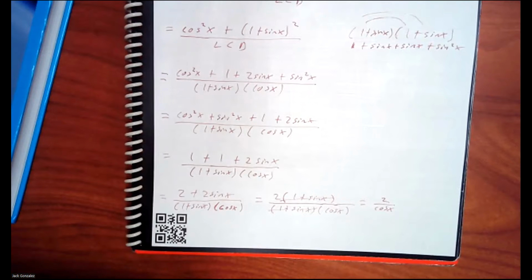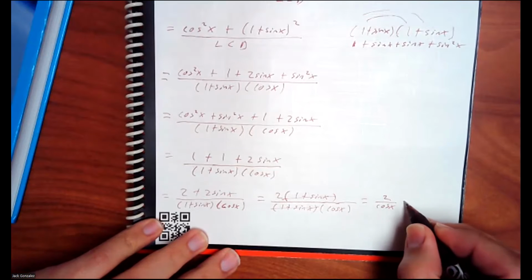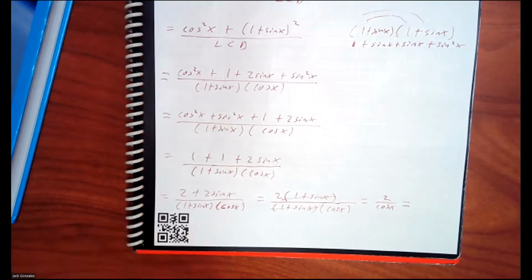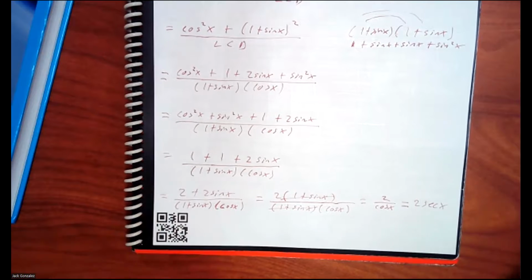No, it's one of the reciprocal properties. 1 over cosine is secant, right? So if we have 2 over cosine, what do you think that's going to be? 2 secant, which is what the answer was, right? That's what they had.